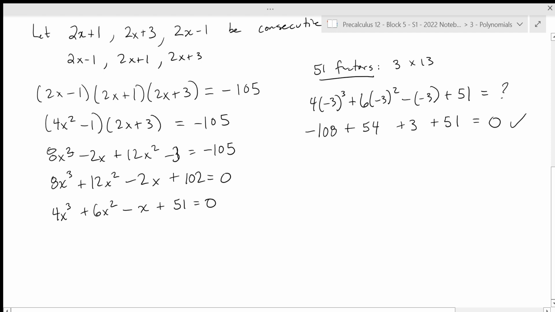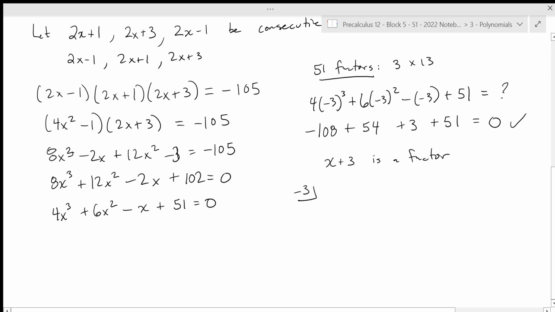So now that we've got that that's equal to 0, we know that a root of this equation is minus 3, okay? So x plus 3 is a factor. So what we're going to do is our polynomial long division or our synthetic division. I prefer synthetic.